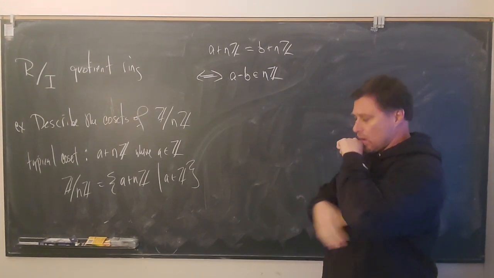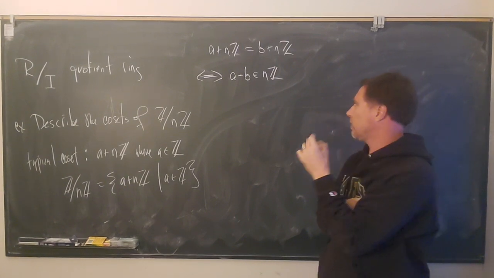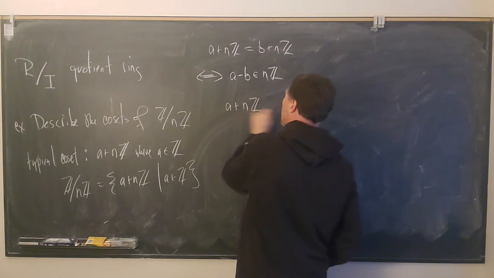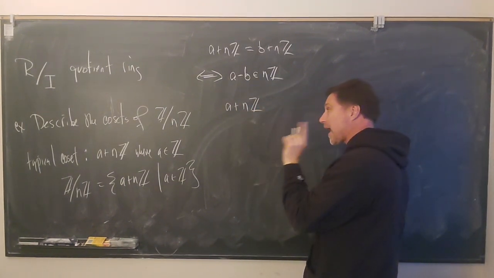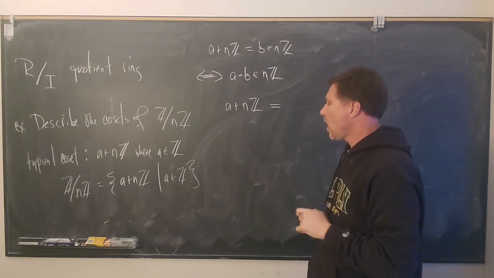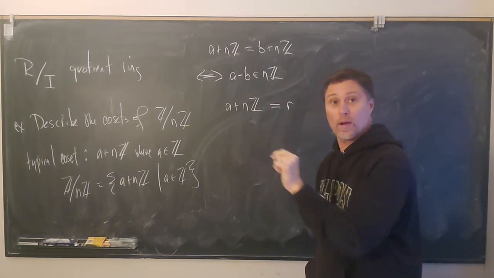And so now we think, oh okay, if you take some coset of the form a plus nZ, it's going to be exactly equal to a coset where the coset representative lives between 0 and n minus 1.